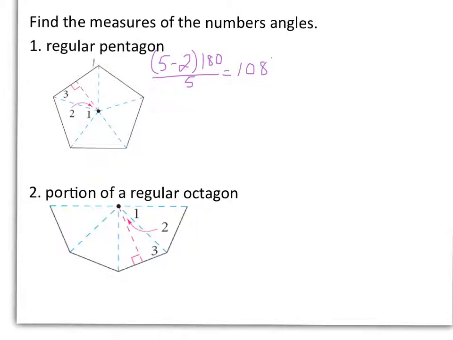So that means this angle is 108, this angle, this one, that one, and that one. So we're first going to find the measure of angle 3. If the entire angle is 108, then the measure of angle 3 will be half of 108 degrees, or 54 degrees.